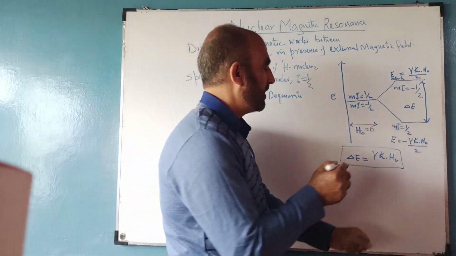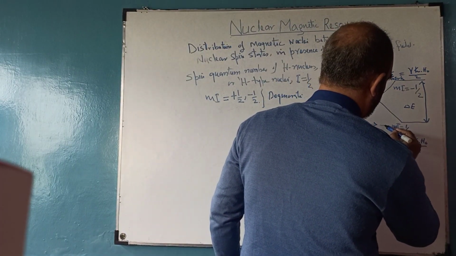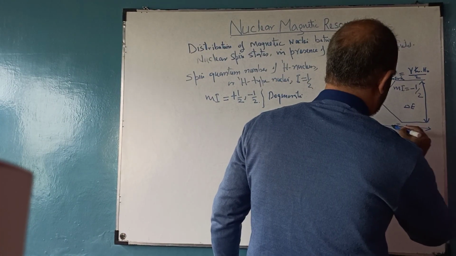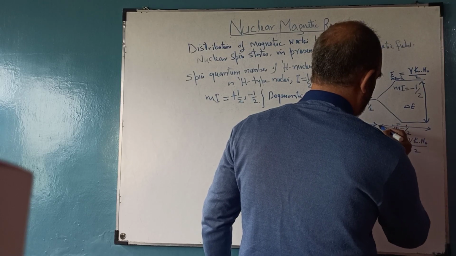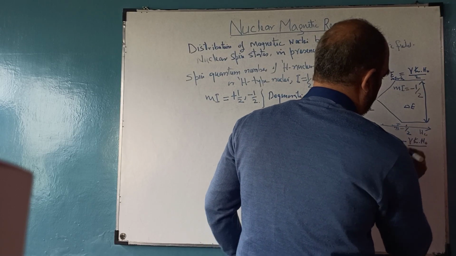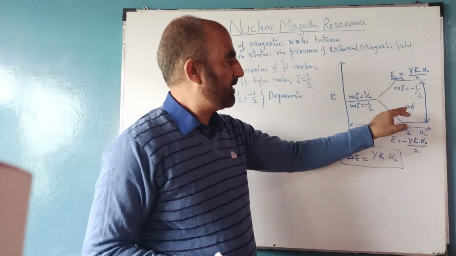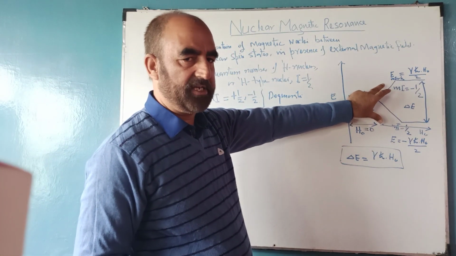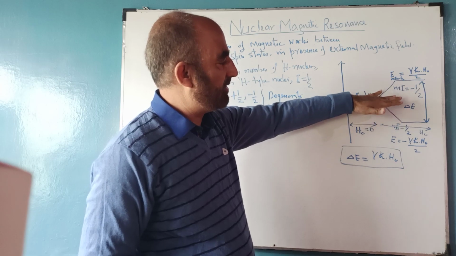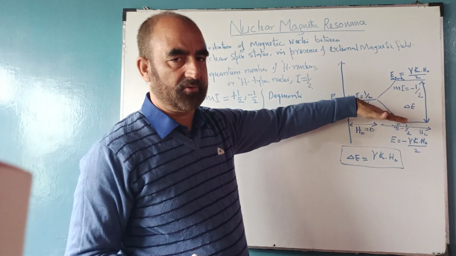But as soon as we put the applied field, with increasing the applied field, the degeneracy of the states is lifted and the energy of the two states begins to differ.